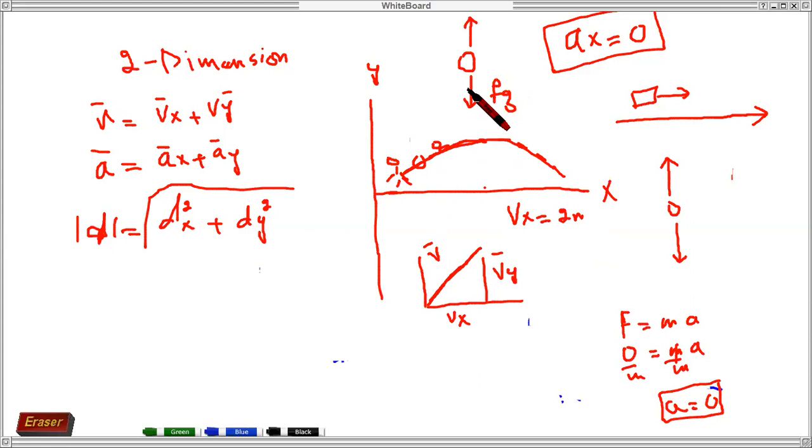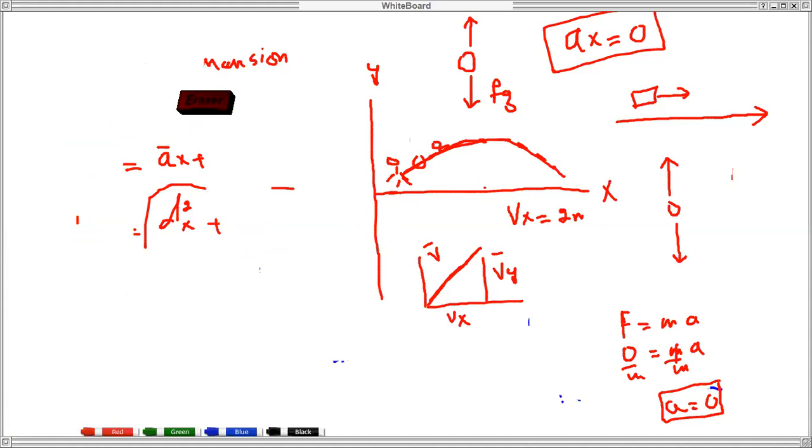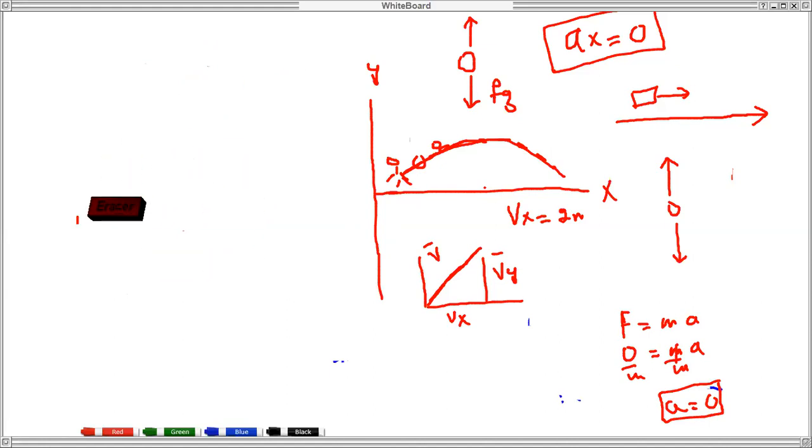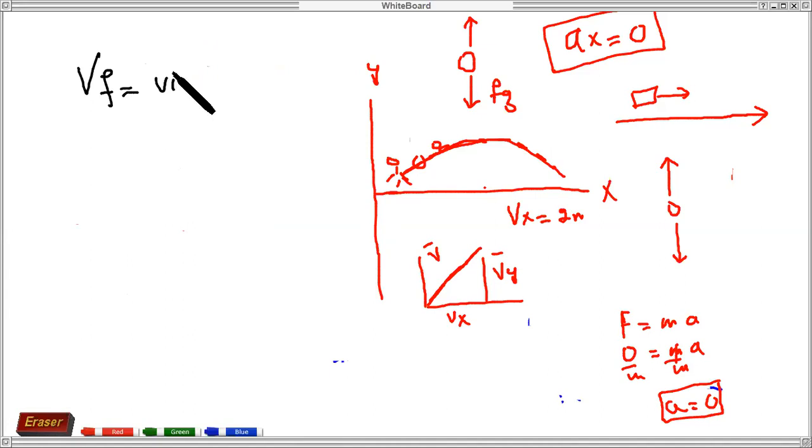Okay, let's try the equations for projectile motion or two-dimensional motion. What is the first equation of motion? Vf equals Vi minus gt, correct?